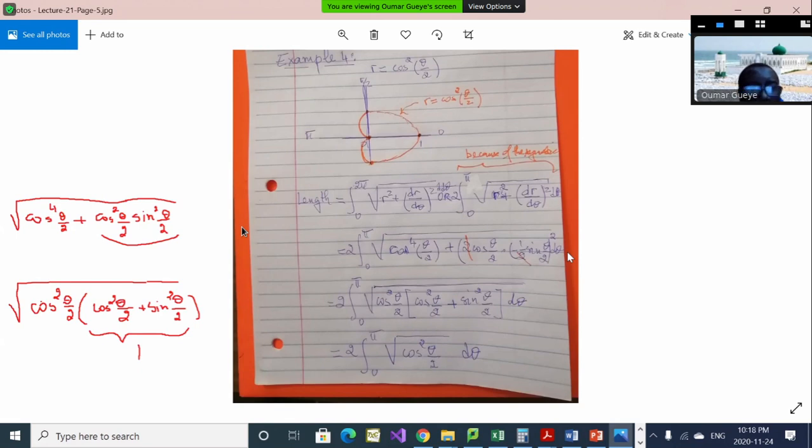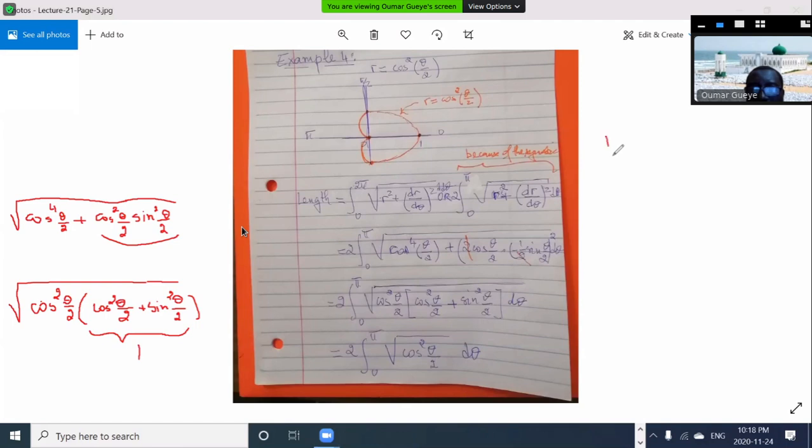All good? Yes. All right, let's move on. Now from here, I need to remove the square root, but be careful. Just keep in mind the square root is supposed to return a positive number.